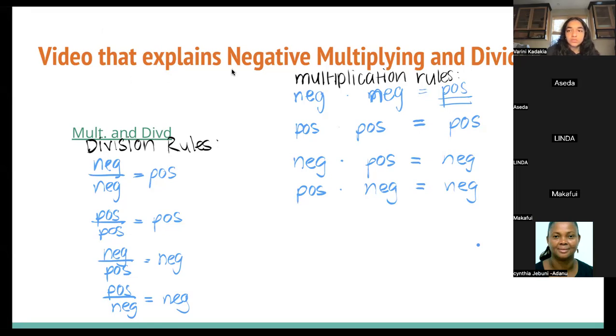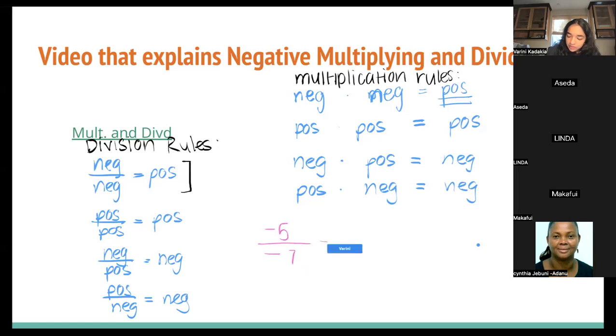I have a question. Why is it that the negative of a negative equals the positive? Okay, so let's look at an example for that one. Let's say we have the number -5 divided by -7.